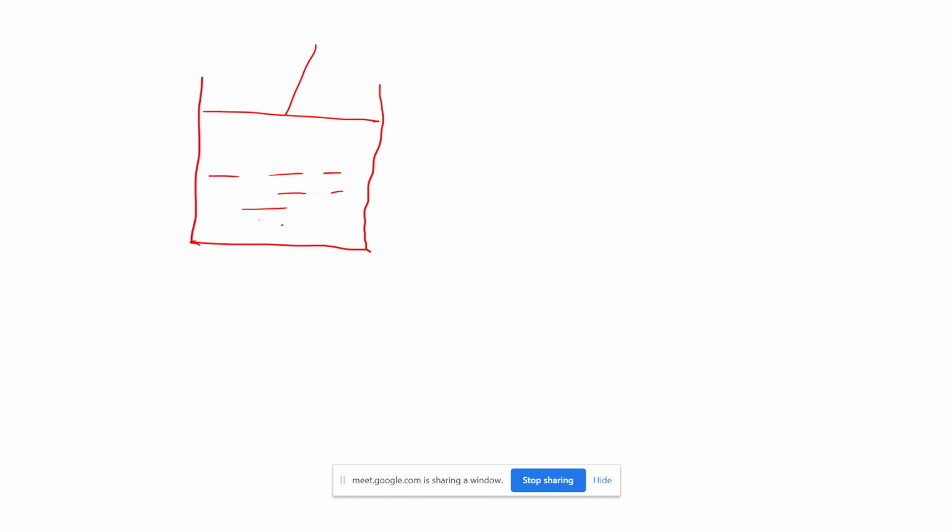So if you have a vessel and we are taking water as a solvent in this vessel, and we are adding some NaCl from outside, for example we add, suppose, one molecule of this NaCl to water.